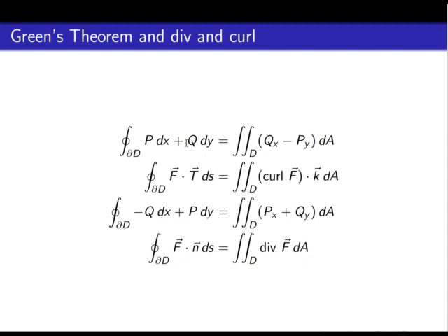If I switch q and p, put a minus sign on one of them, I get this one is equal to this. The point is now this becomes the divergence. And in return, this becomes f dot n ds, where n is an always outward-facing direction. And this is the idea. This is the integral of f dot n on the boundary of D. It's how much is flowing out of the region.